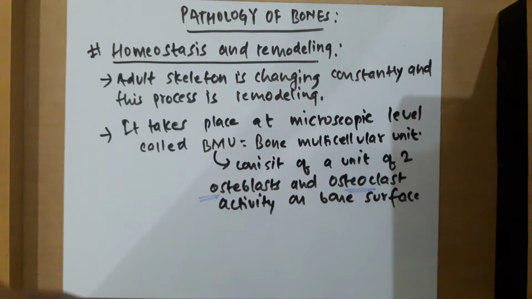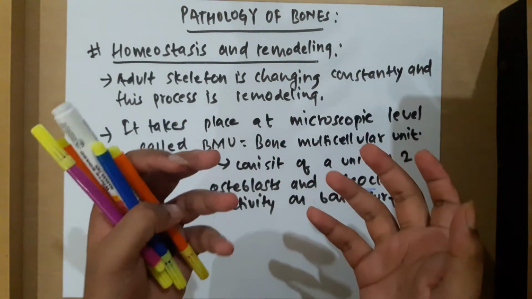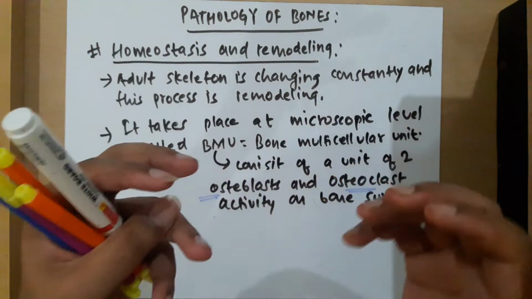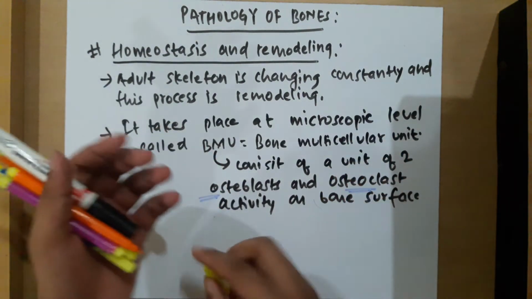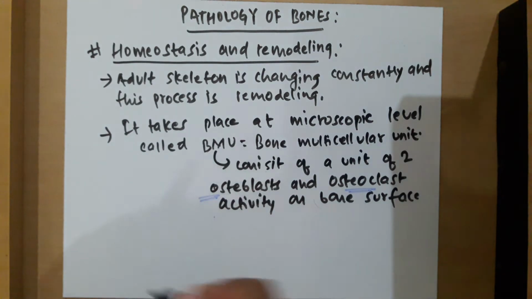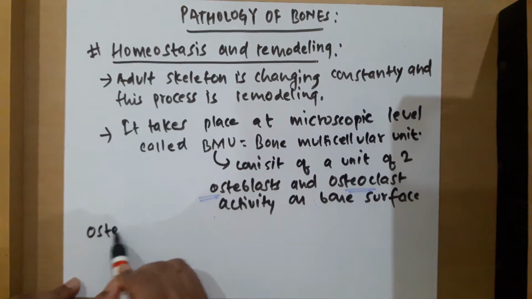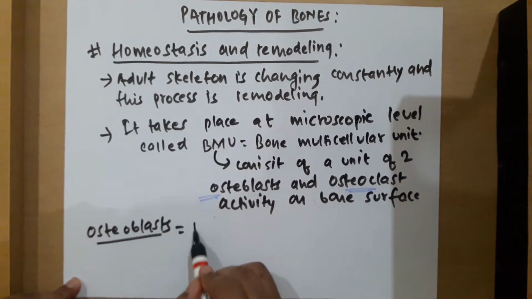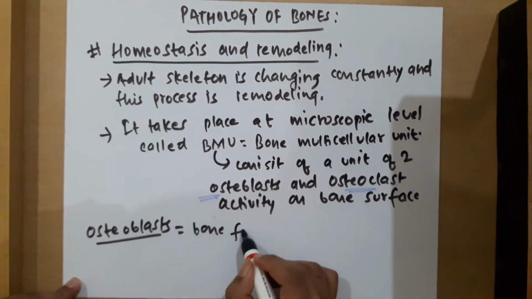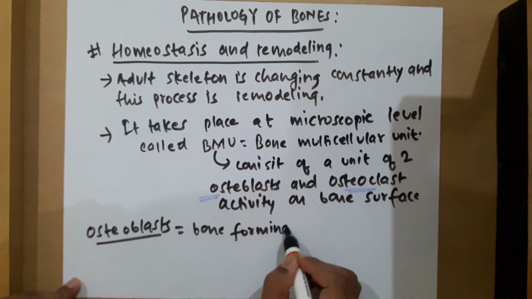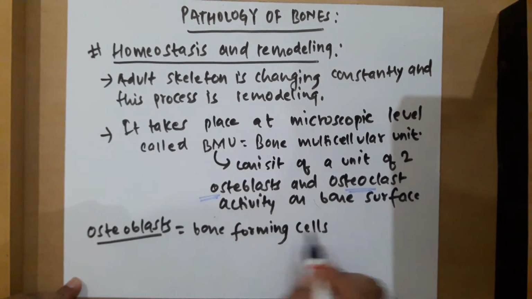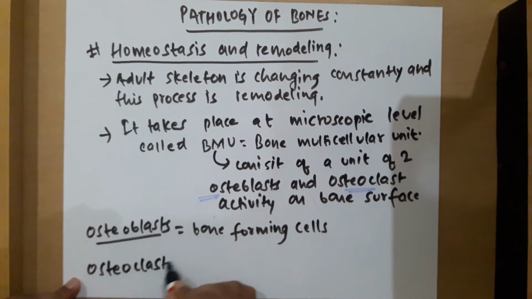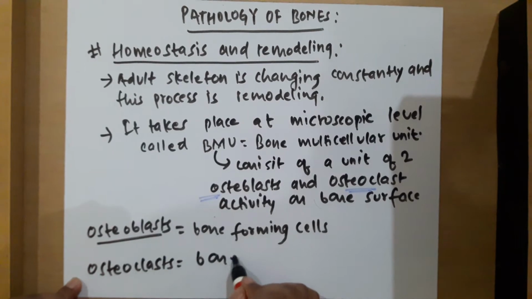Osteoblasts take part in bone formation, and osteoclasts are the cells that take part in bone resorption, okay. So osteoblasts, bone forming cells, and osteoclasts, bone resorption cells, okay.